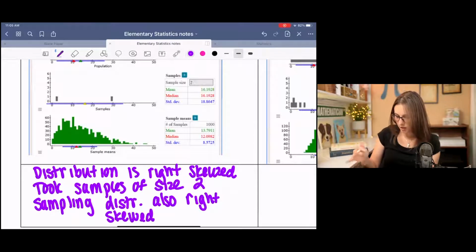Our mean looks to be a little bit off. And our standard deviation is approximated by the population standard deviation over square root n.